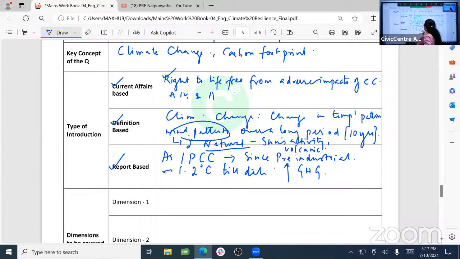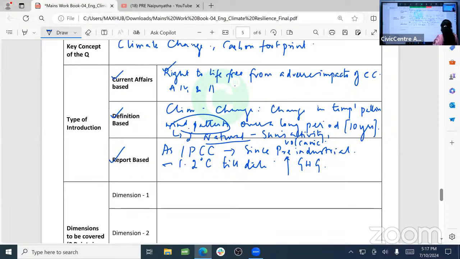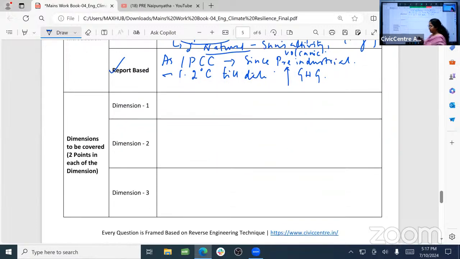Now, how do you start your dimensions? Directly, the question is asking you to highlight the challenges of climate change in India particularly. So I will say the first challenge is water scarcity.